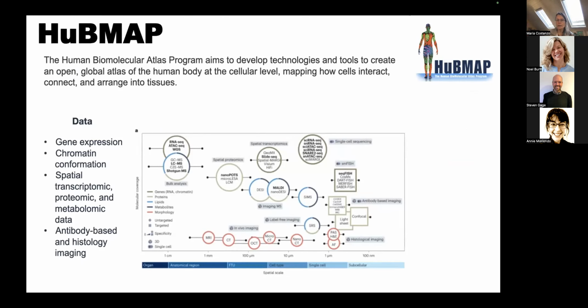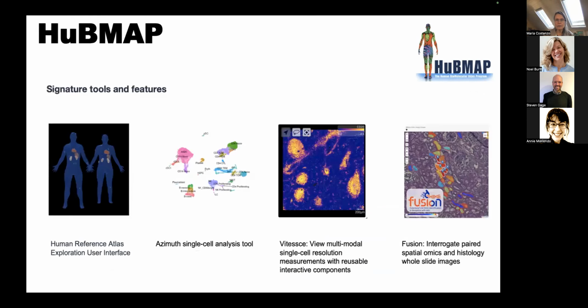And so they're putting it all together to make an atlas. And they have lots of very sophisticated tools. These are just a few of them. There's a human reference atlas where you can look at the three-dimensional structure of organs. There are some different visualizers for single cell data. They have a tool where you can look at histology images and spatial omics in the same context.